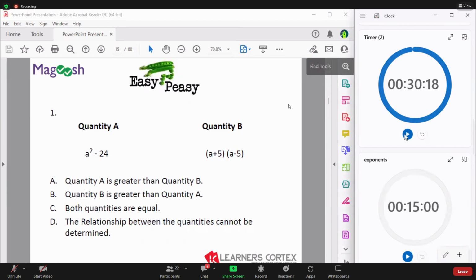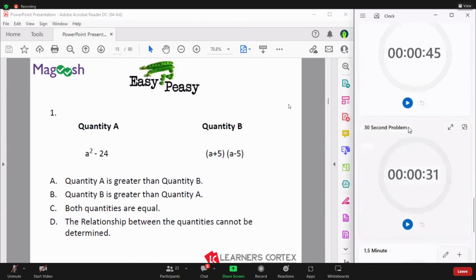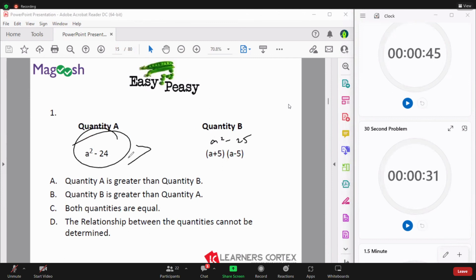I started the 30-minute timer instead of 30-second timer. Right. Yeah, quantity A would be greater because this becomes A² − 25. So no matter what value you take for A, this would always be greater.